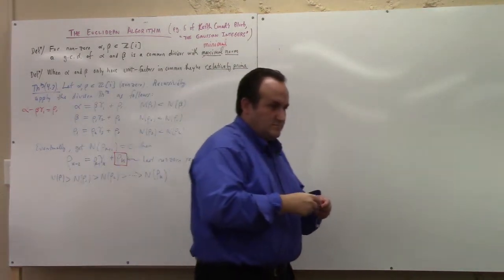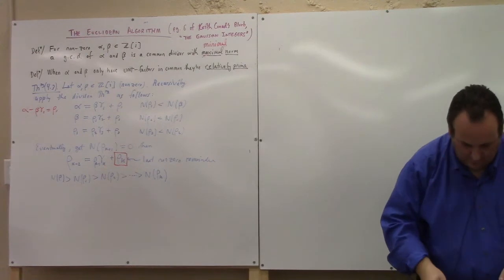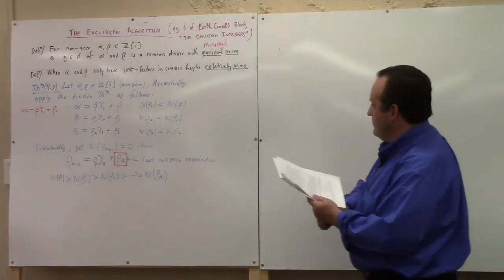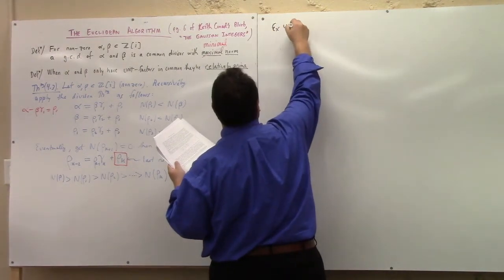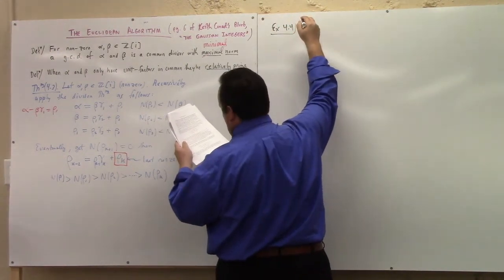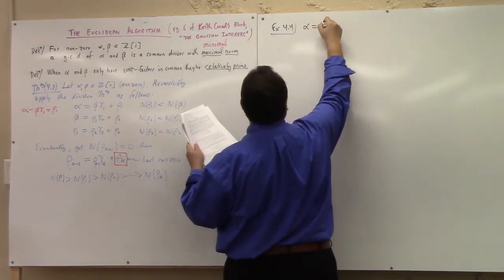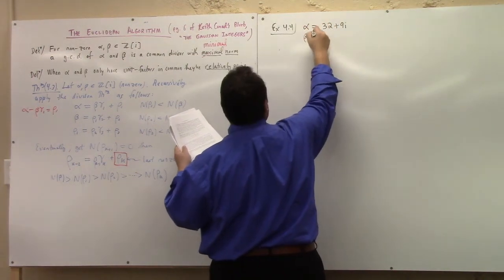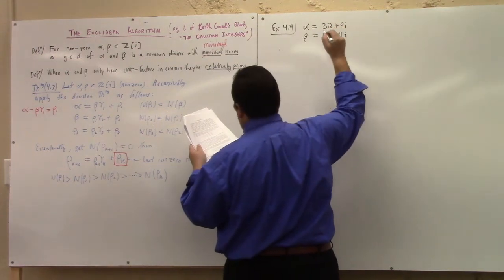All right, so here's example 4.4. Here we have alpha equal to 32 plus 9i, and we have beta equal to 4 plus 11i.